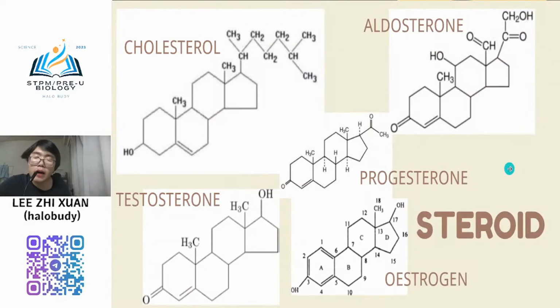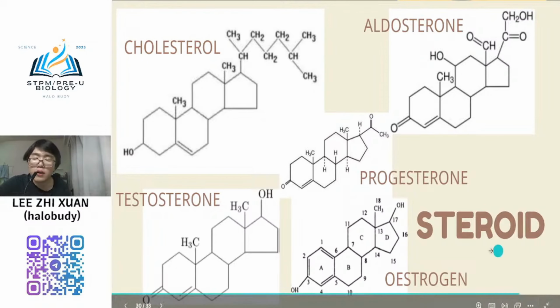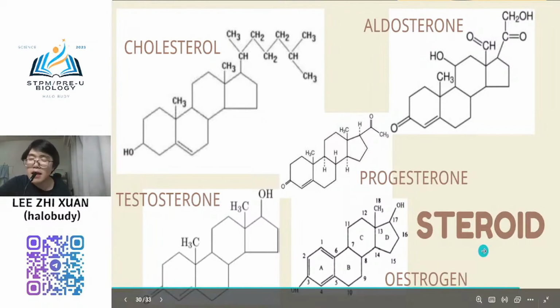Okay, now we go to the fused ring structure. This is the fused ring structure. We call it steroid. I think everyone knows what it is, maybe heard about it.